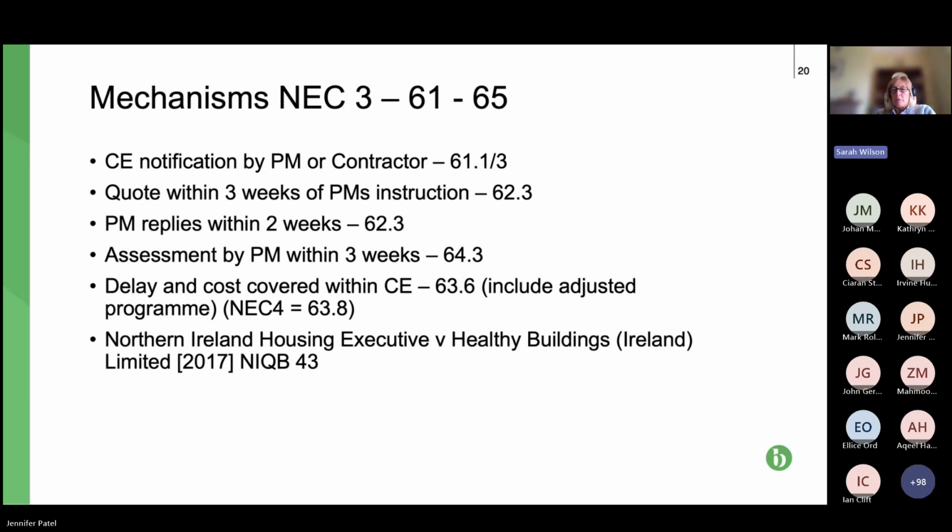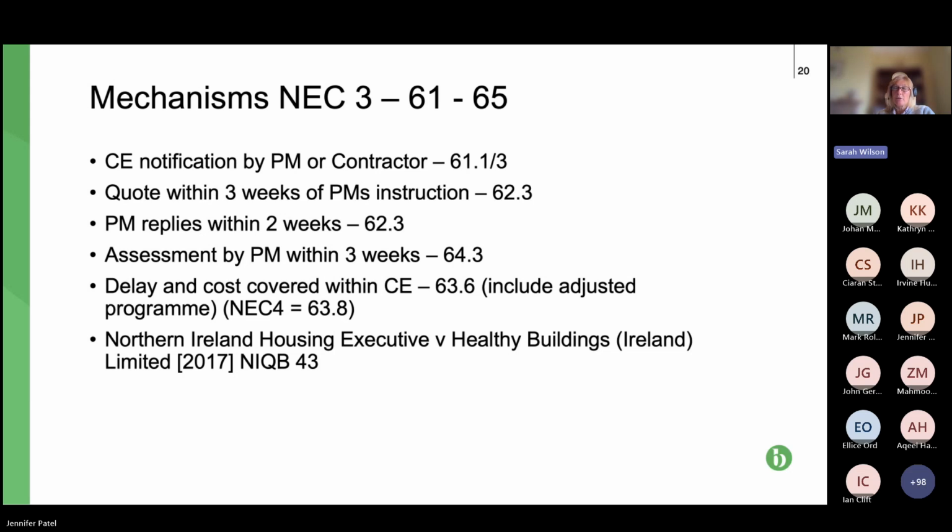So we've got a little bit of an anomaly here, but at the moment, that's what the case law says. So when you get to adjudication, you might actually be looking at the actual delay. I'm not a programmer, obviously, and I know it's very complex and very technical, but it seems to me that if you have the programmes that have been provided throughout the project, it should be quite easy.